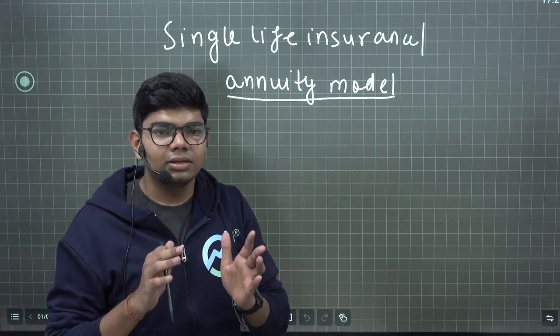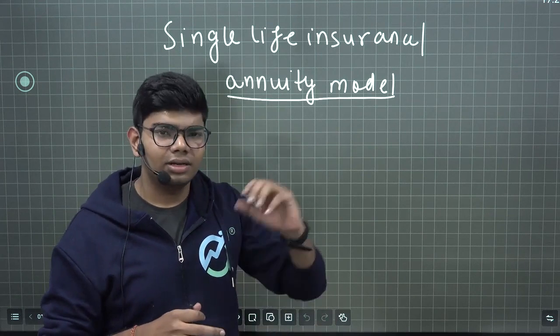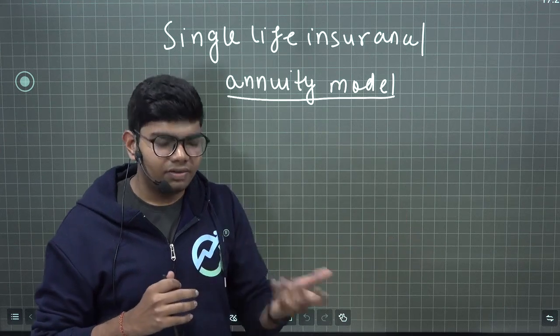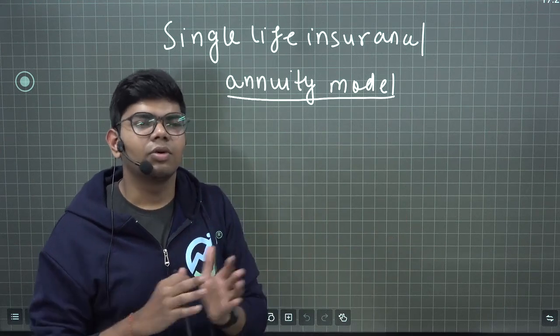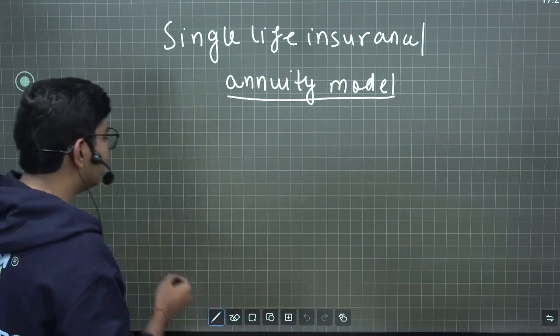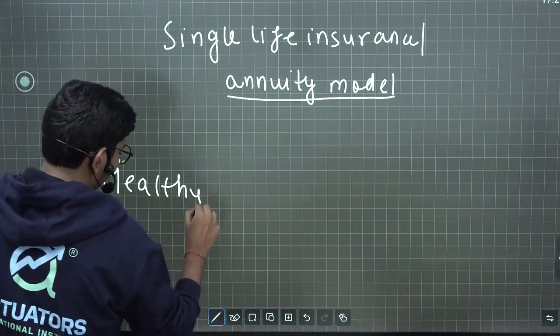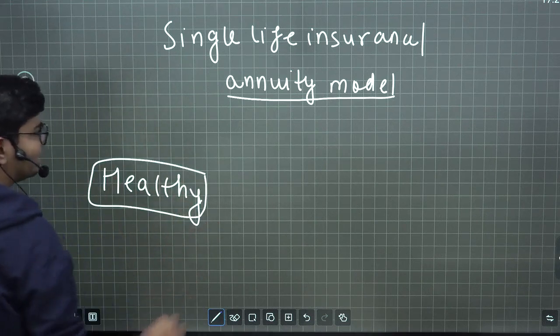You were able to perform all of those activities. And even if you were not, then again that is a complex model altogether. But if we were to consider a straightforward model, then we will consider a model wherein you were perfectly healthy, right? Or in other words, we can say that you were in a healthy state.